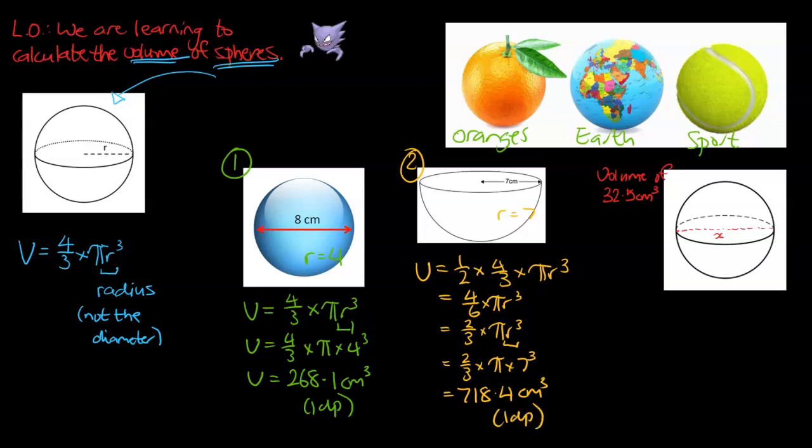The other way you could have done this question is to calculate the volume of the sphere by itself, and then once you had the full sphere, you could have divided it by 2 or multiplied it by 1/2 as well.